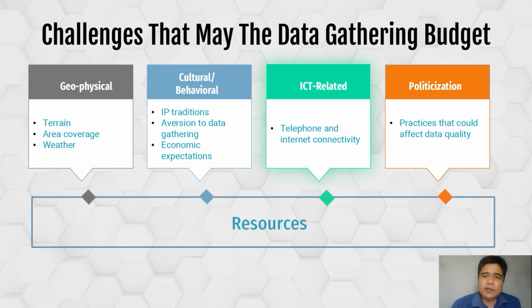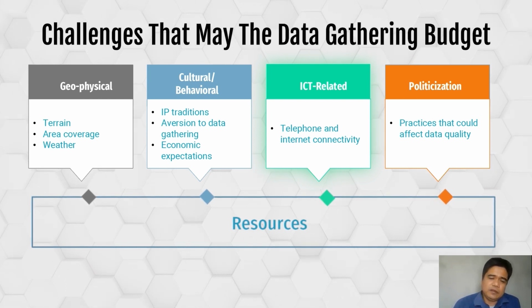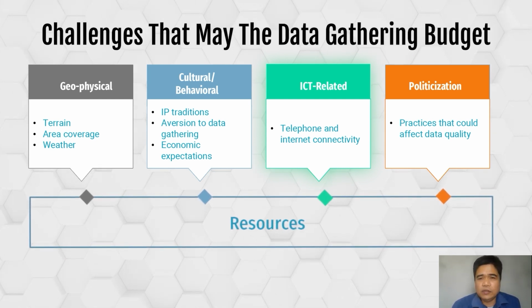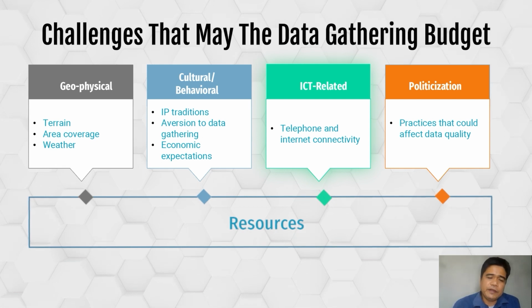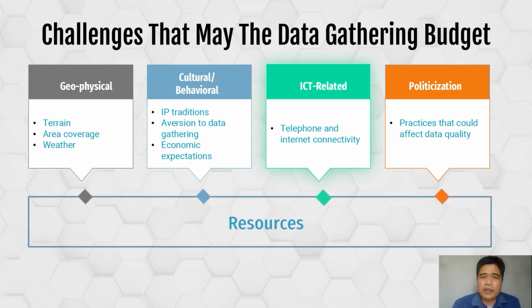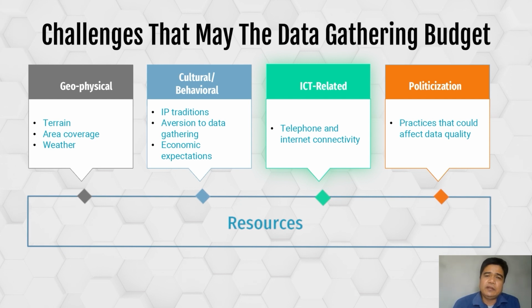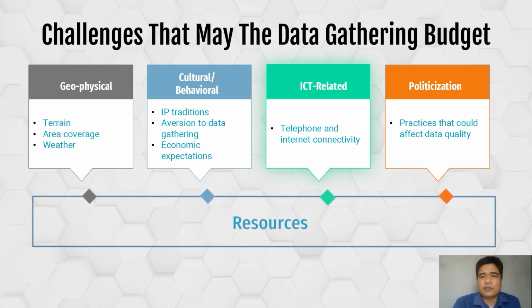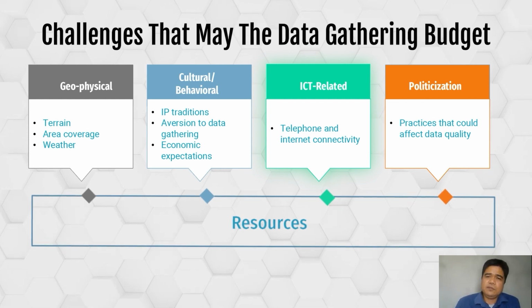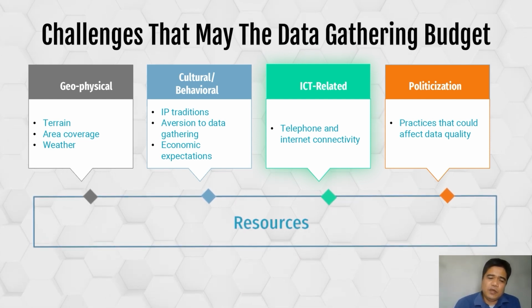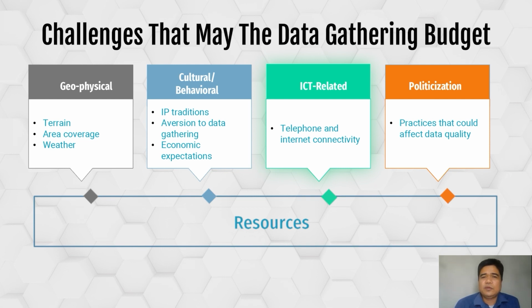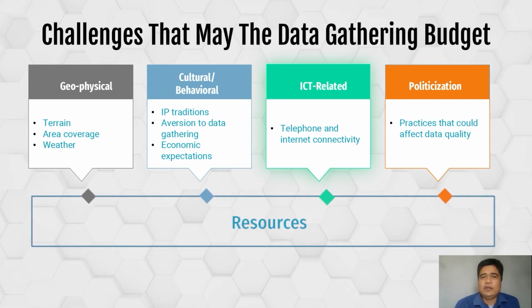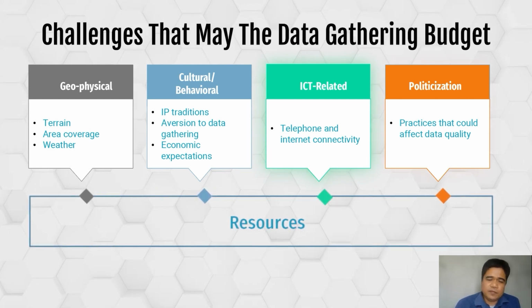Or if the data gathering will be done using phone calls or online interviews, then these really are important factors to be considered. So instead of online interviews, face to face will be necessary.